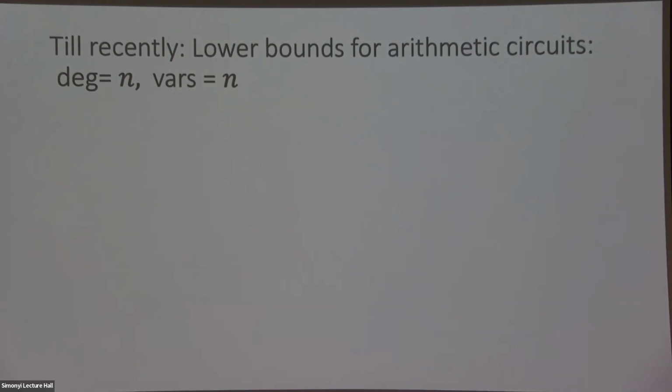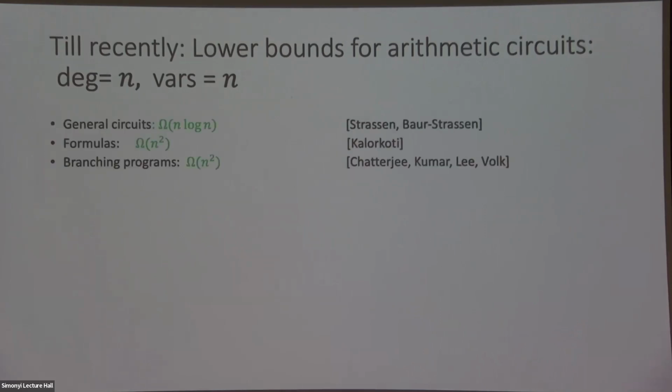Till very recently, there was this recent LST breakthrough, which I will talk about, but till a couple of years ago, we knew, and this is still the best we know for general circuits, and let's set the degree of the polynomial computed to be n and the number of variables to be n, just to compare these results: the best lower bounds we know are of the form n log n. And for formulas and branching programs, we know lower bounds of the form n squared.